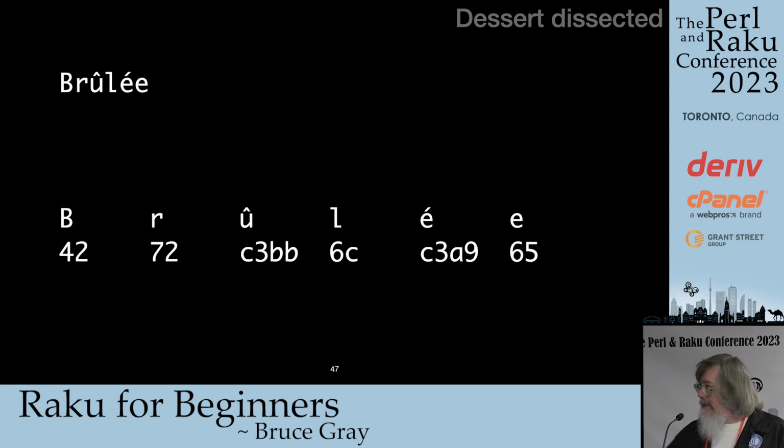But there are ways to encode this where the next to the last E, the E with the accent, or whatever it is over it, there's a way to say, here's an E and a combining character of that accent, in which case you got something different, but the same number of graphemes.